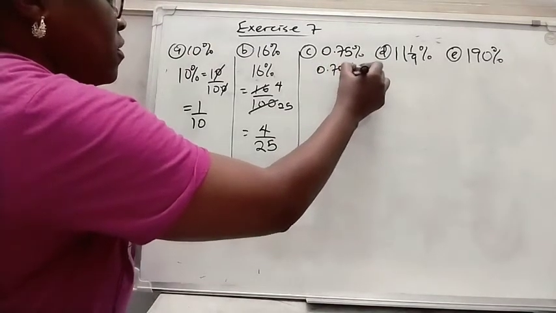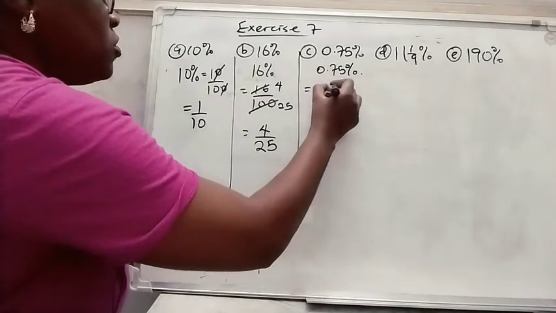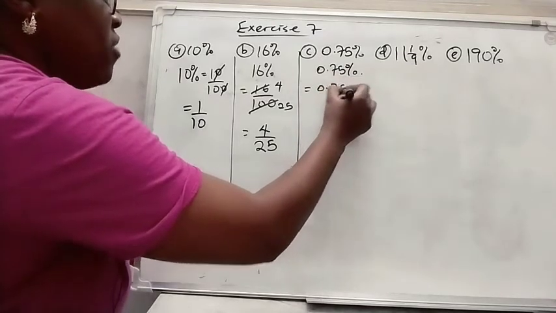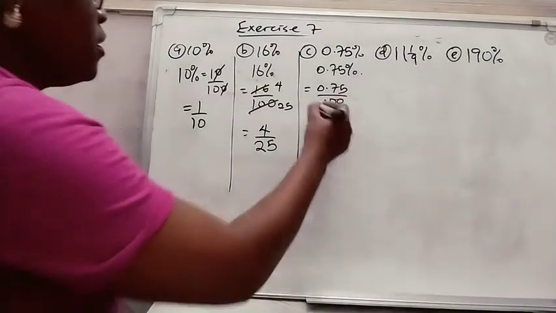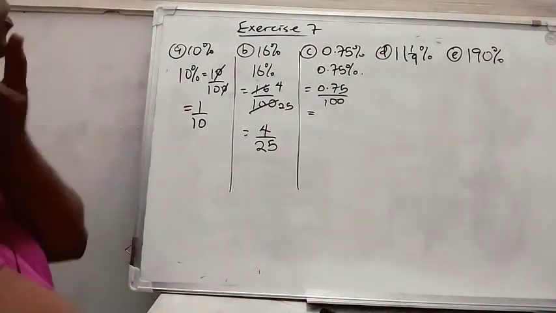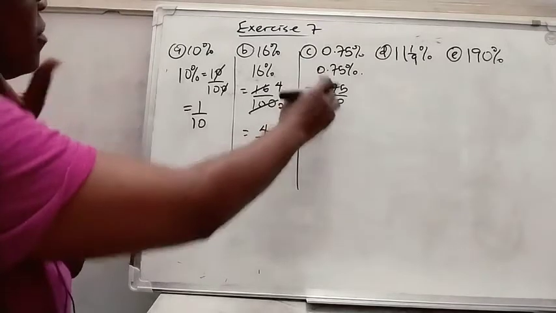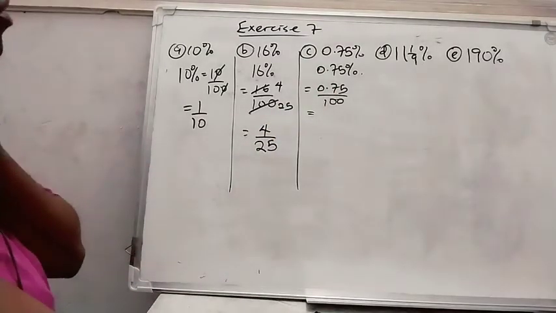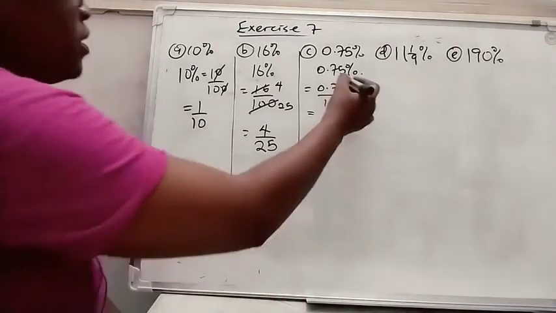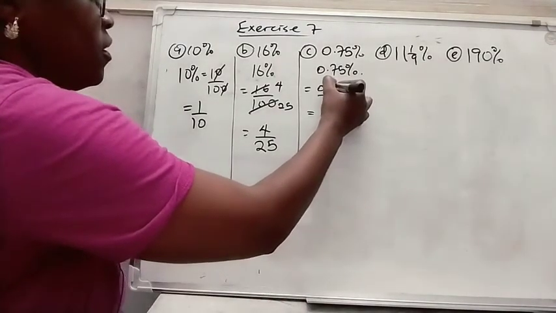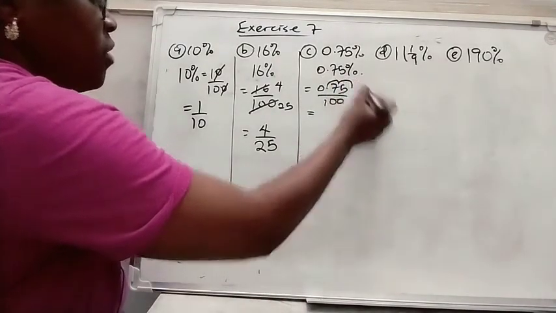The next is 0.75%, which is equal to 0.75 over 100. Okay, now you cannot have a proper fraction having a decimal and a whole number. We'll have to convert this decimal to a whole number. How do we do that? We move this decimal 2 times to the right.